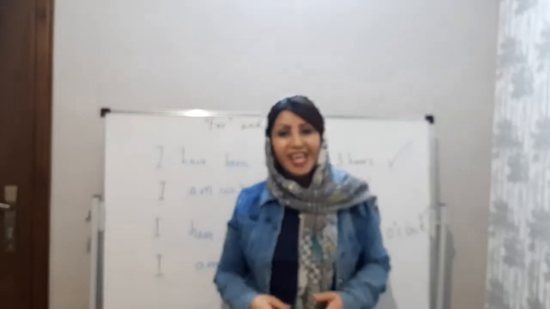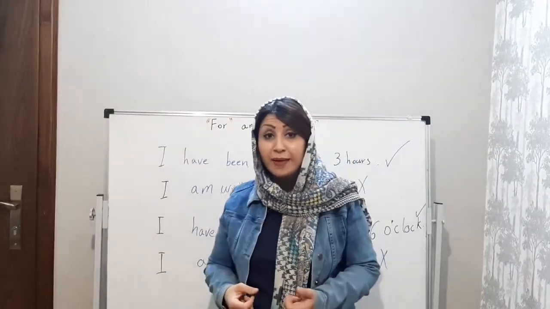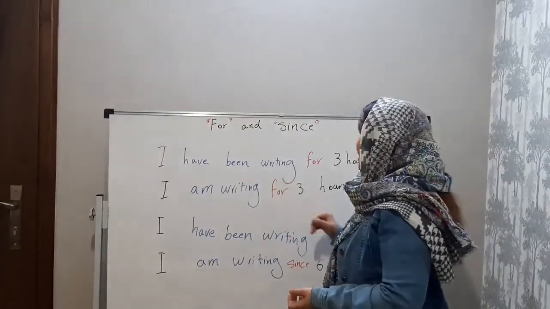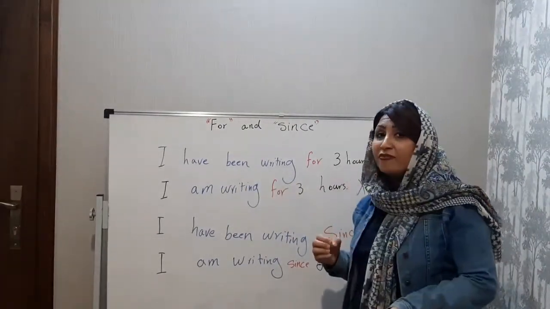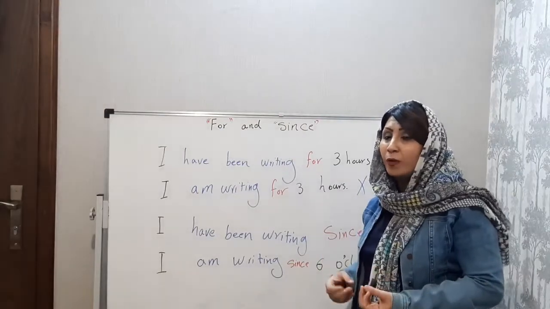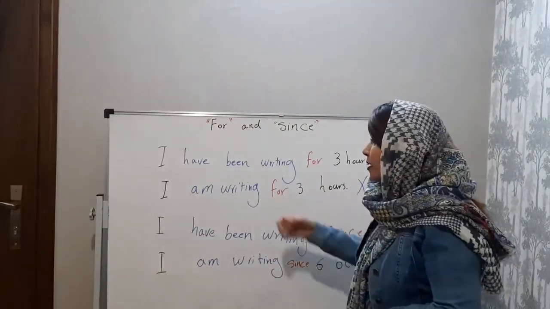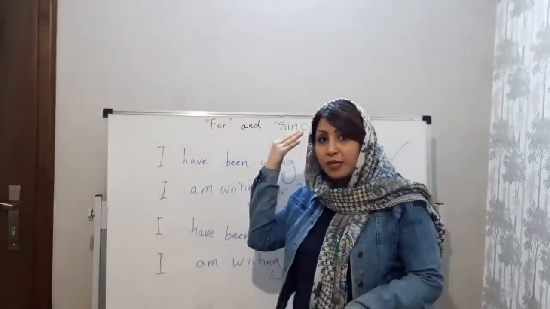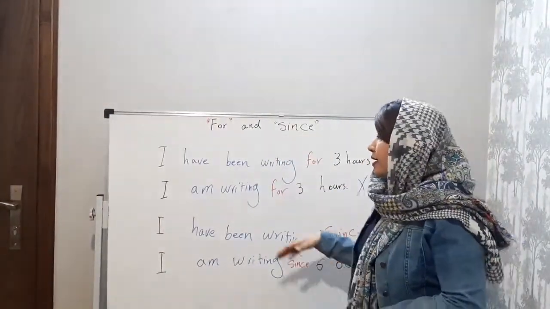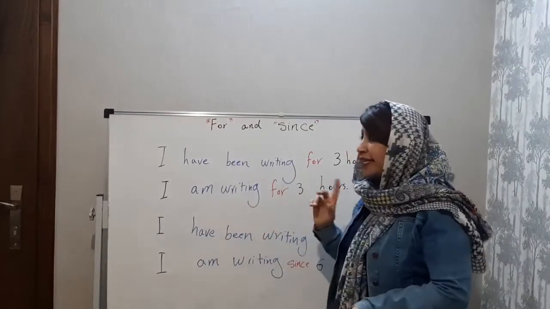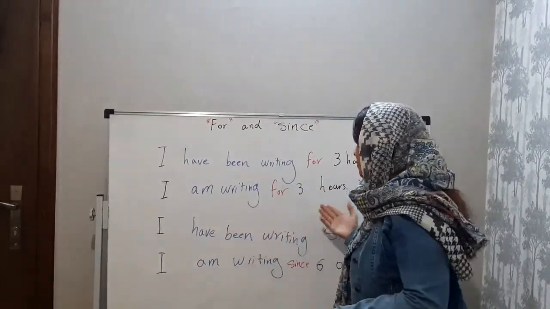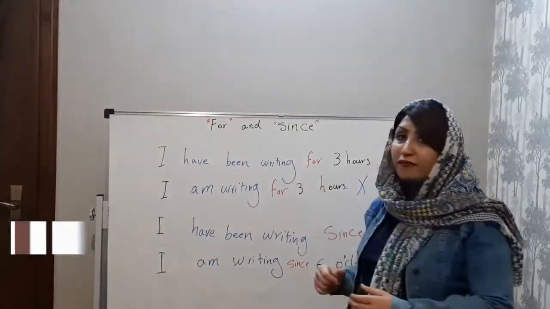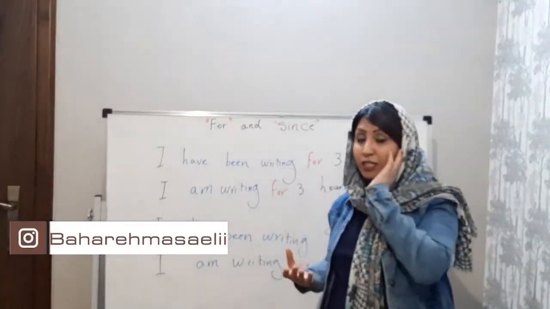Okay, dear friends, as you see here, I wrote some more examples with present perfect continuous. I have been writing for 3 hours. Here, have been writing, it started from a time in the past. And here, I can't use I am writing for 3 hours. It is not correct at all. Just use present perfect continuous in these situations.